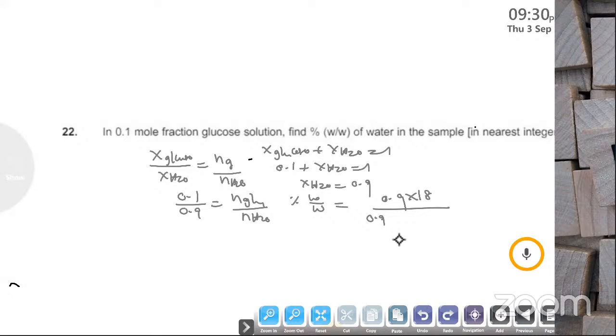Weight of the water by weight of the water plus weight of the glucose. But moles are given, that's why I'm multiplying with their molecular weight. So 0.1 into the glucose molecular weight, which is 180. Like this you can calculate the percentage, as they are asking, into 100. So this is the way of calculating the percentage weight by weight of water in the sample.